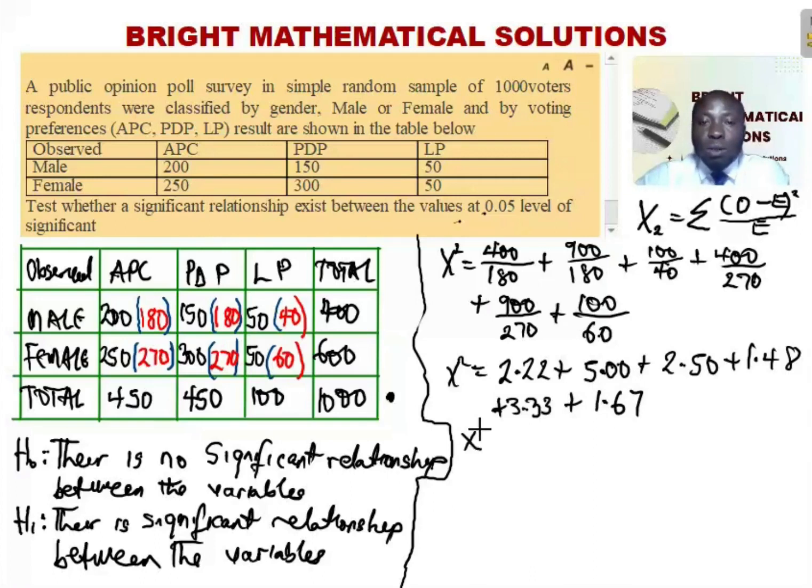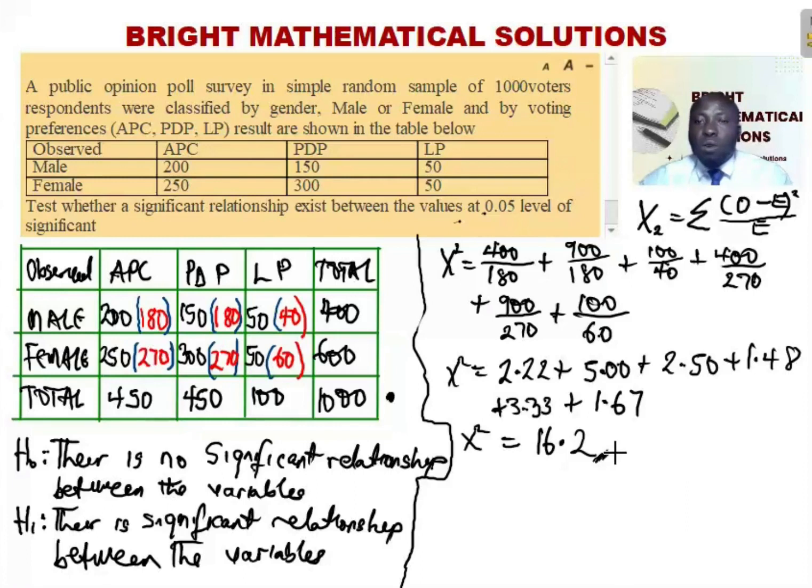So our chi-square, calculating everything that we have here together, gives us 16.2. So that is the value of our chi-square, but we are not done yet.